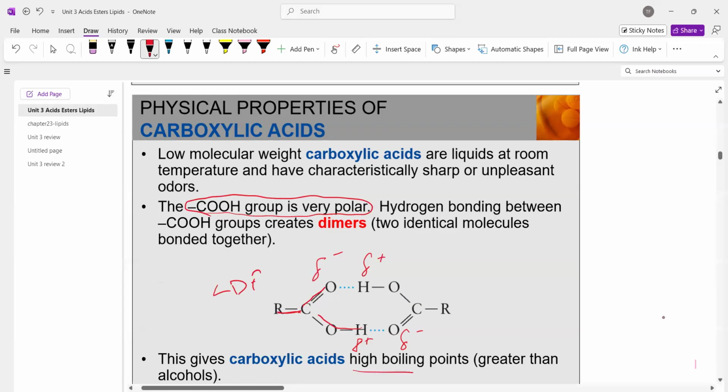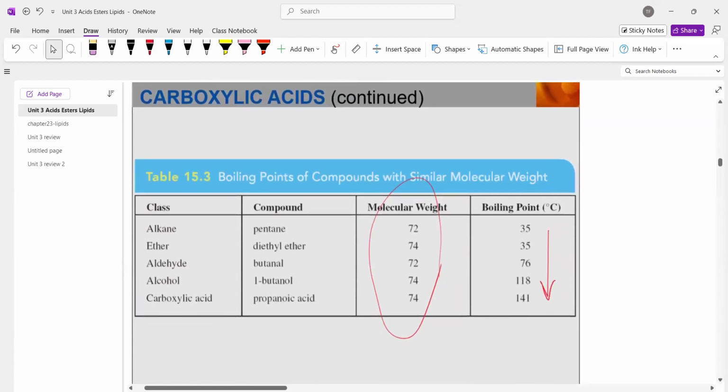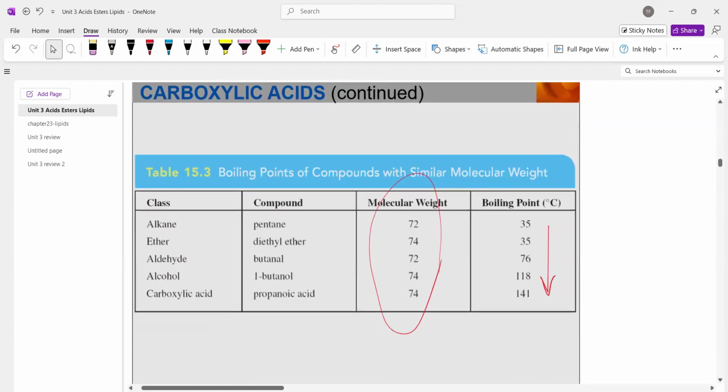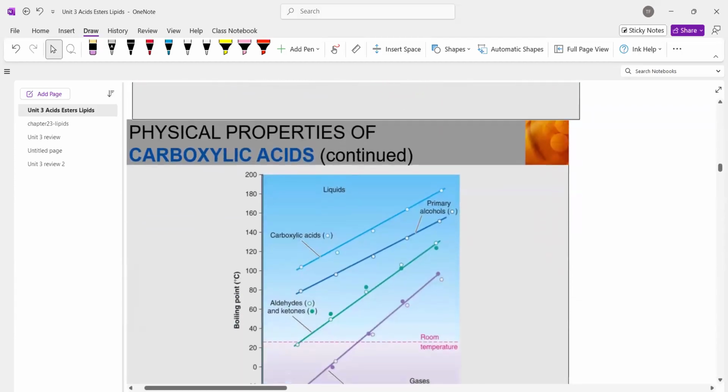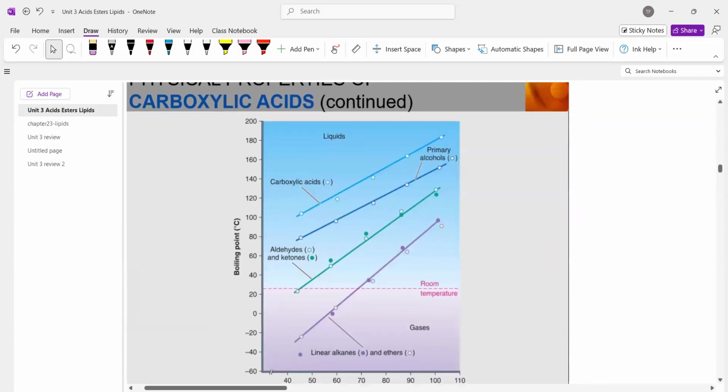They have high boiling points, greater than alcohols, because their IMFs are greater than alcohols. We will see, let's do the graph. So you can see here where the carboxylic acids are. Now, when we talk about esters, esters are going to fall downwards here.